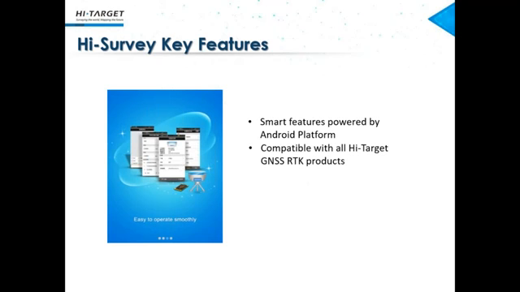So second, it is compatible with all HighTarget GNSS RTK products, such as V30, V60, V100, V19 Plus, and so on. You don't need to worry about your old generation receivers.